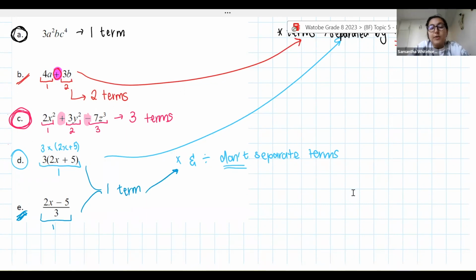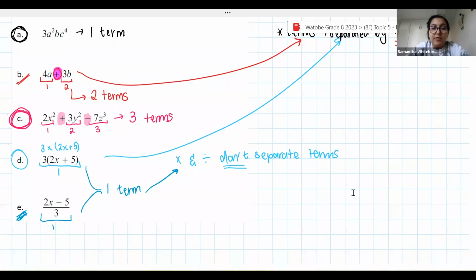Now, once again, it's very important that we understand this because today we're going to look at multiplication and division. We always want to deal with our multiplication and division first, because that's what BODMAS is. But it also is important because you can't start adding or subtracting like terms until you've dealt with your multiplication and your division.